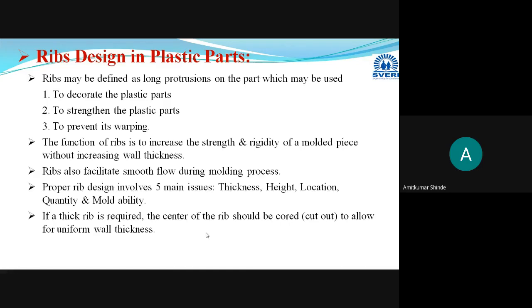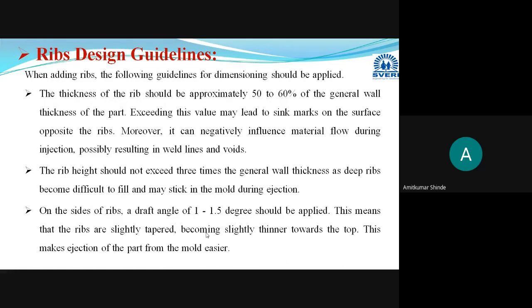And while designing any kind of rib, you have to take into consideration that rib thickness should not be more than whichever wall thickness you are using, it should not cross that value. Generally the rib thickness you decide should be 50 to 60% they have provided here.